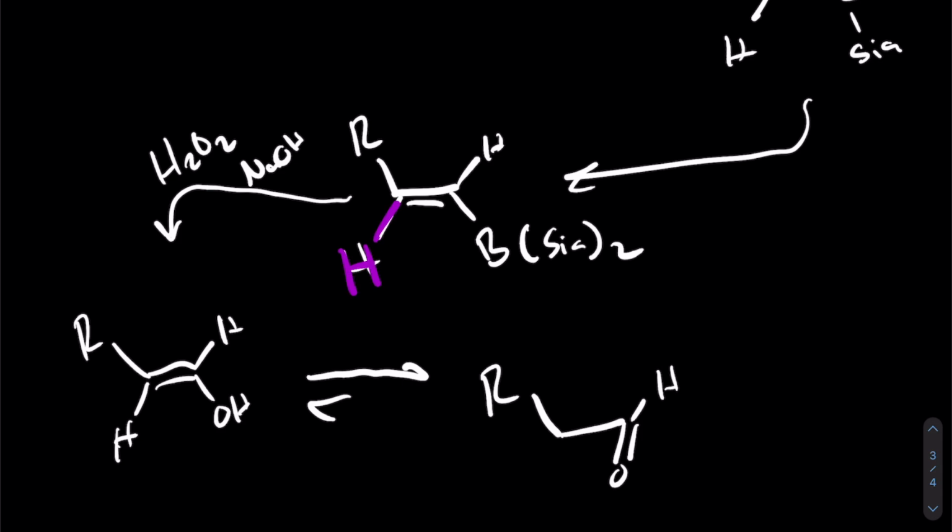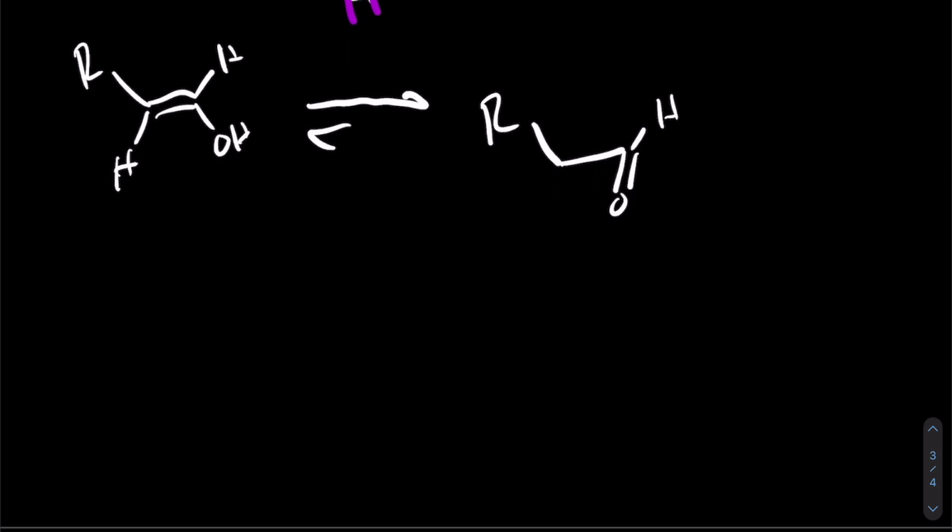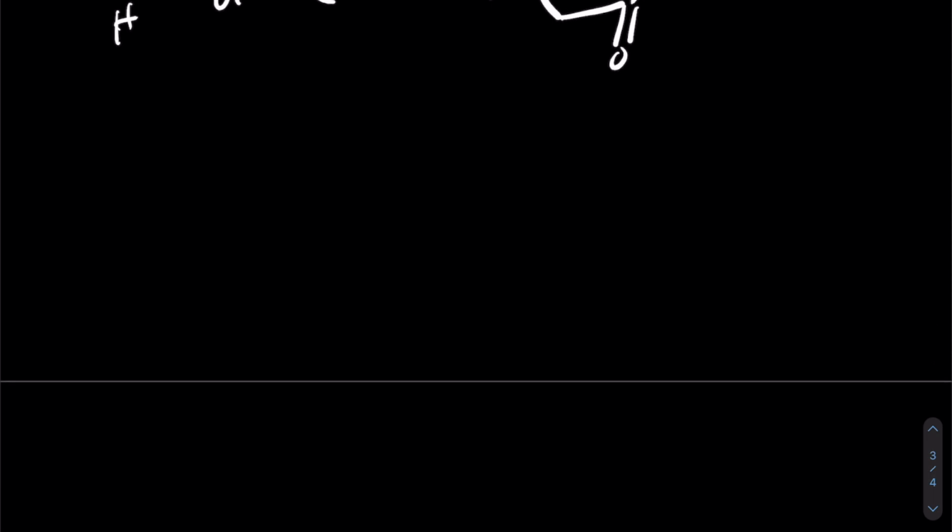Now there are a number of additional oxidation processes that you can do on alkynes. So you can still do permanganate oxidation, you can still do ozonolysis, and they give you different products, okay? So now we'll just say these are your oxidation reactions.